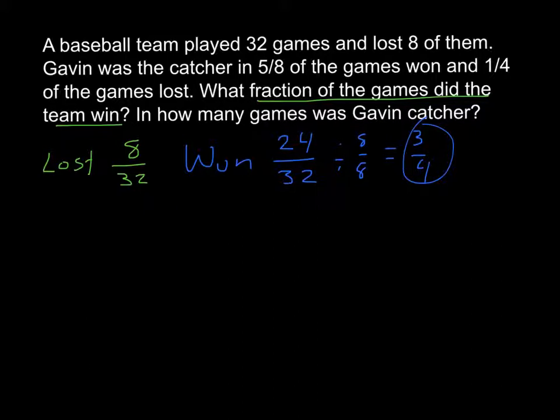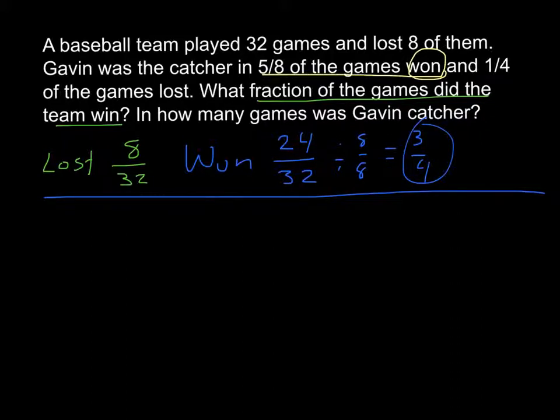Now, in how many games was Gavin catcher? We know that he was catcher in 5/8 of the games that were won, and paying attention to the fact that the games were won is important, and 1/4 of the games that were lost. So, to write down what we already have, 5/8 of the games won, there are 24 games that were won.